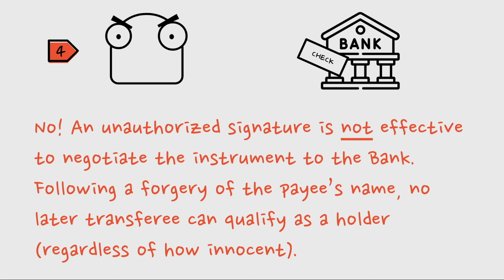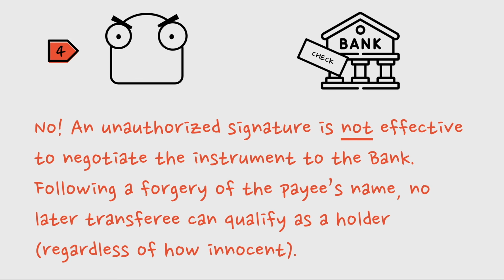And this is key, because the answer is no. In this case, the unauthorized signature, Bo's forgery of Barb's signature, Barb the payee, her signature was forged. That is not effective to negotiate the instrument. He cannot turn it into a bearer instrument by forging her name. She never signed it. She never had the intent to make it payable to his bank.